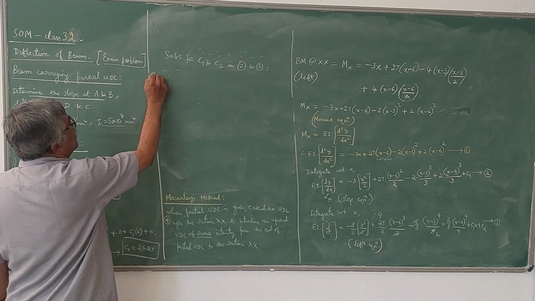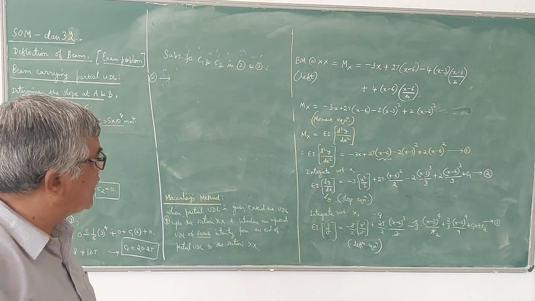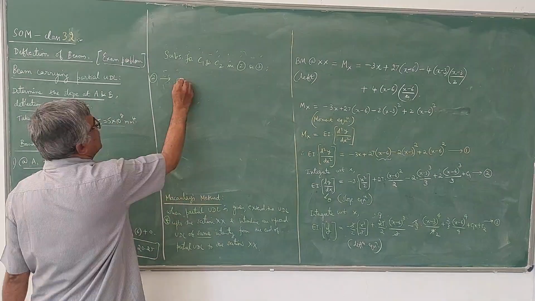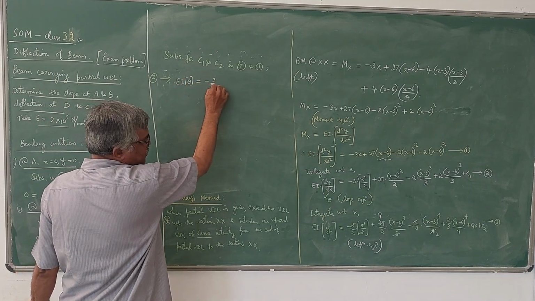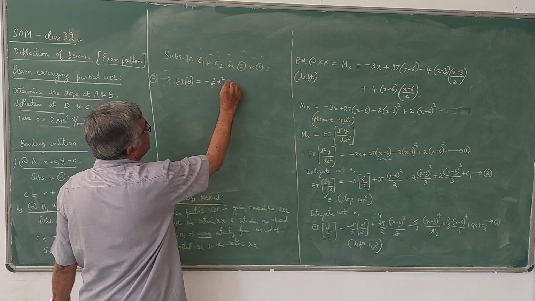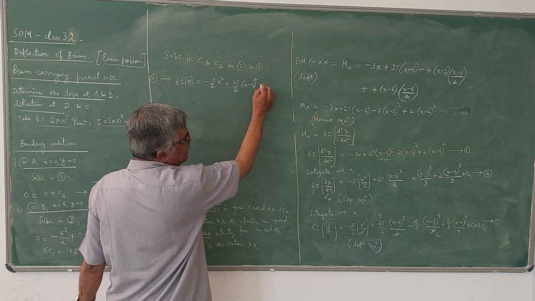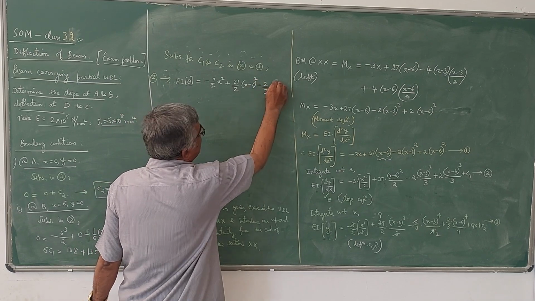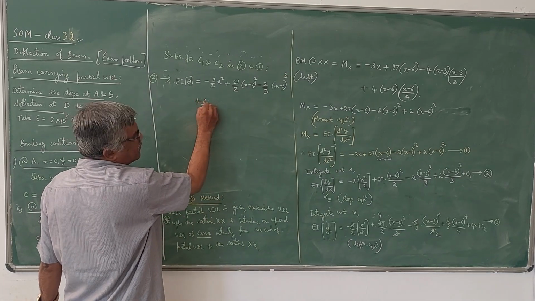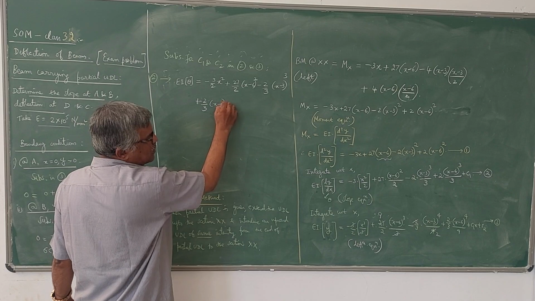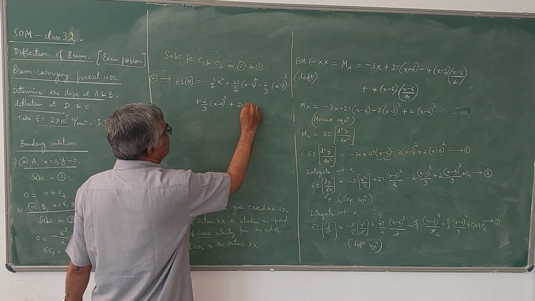So equation 2 now becomes, EI into theta is equal to minus 3 by 2 x square plus 27 by 2 x minus 6 whole square minus 2 by 3 x minus 3 whole cube plus 2 by 3 x minus 6 whole cube plus C1 is 20.25.